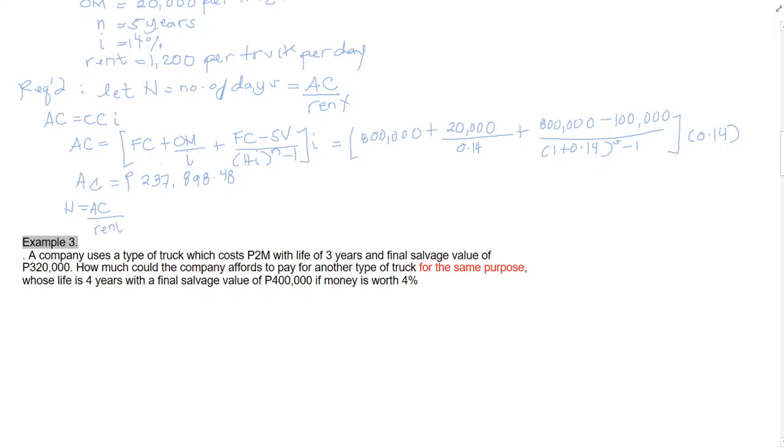Okay, to be able to get the number of days, your n is equal to AC divided by the rent, which is 1,200 per truck per day. So the AC there is 237,898.48 divided by the rent, which is 1,200 per truck per day.